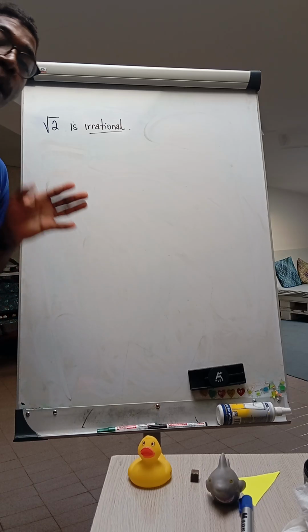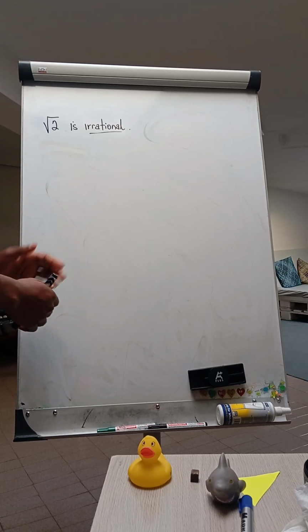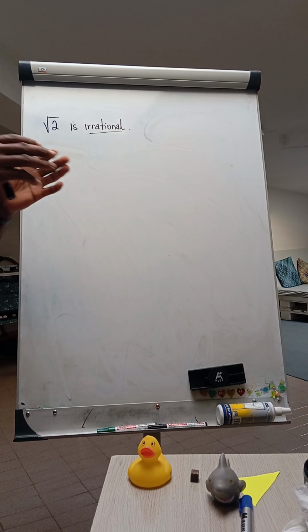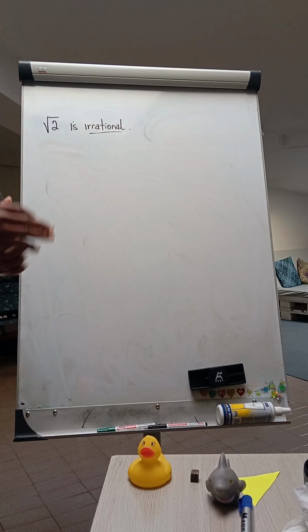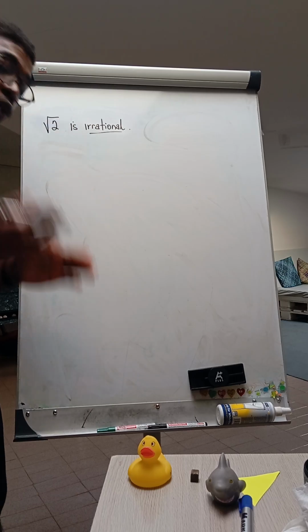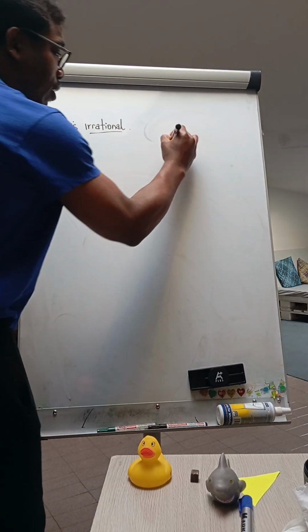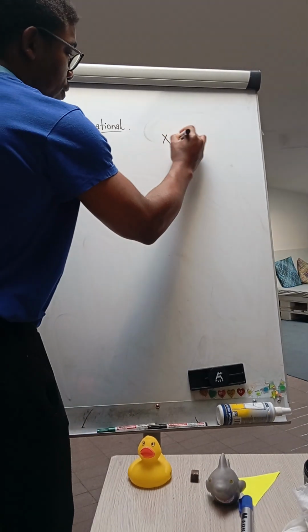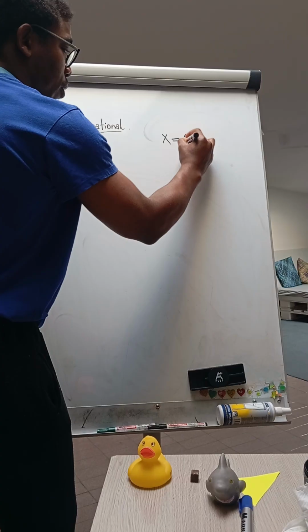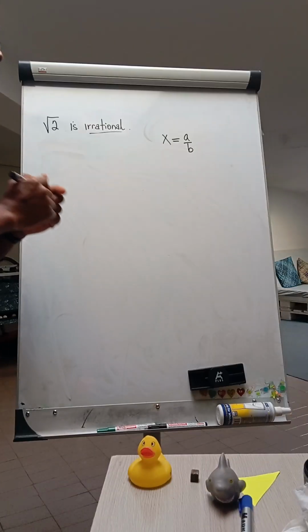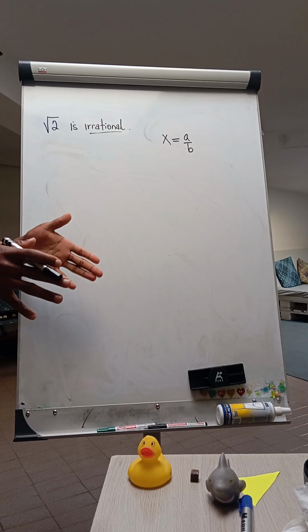Before we get into this mathematical proof, the word irrational, from a mathematical point of view, describes numbers that cannot be expressed as a ratio of two numbers. For example, if x is equal to a over b, integer a over integer b, then x is rational.